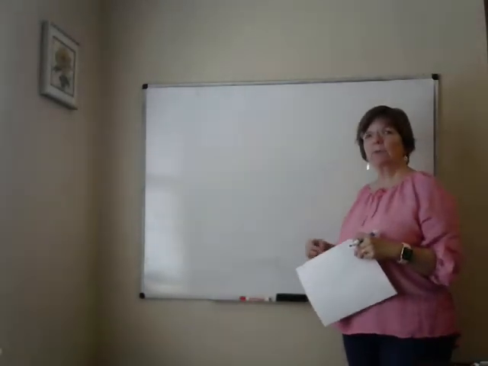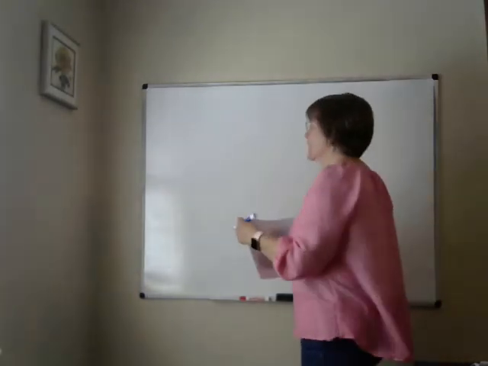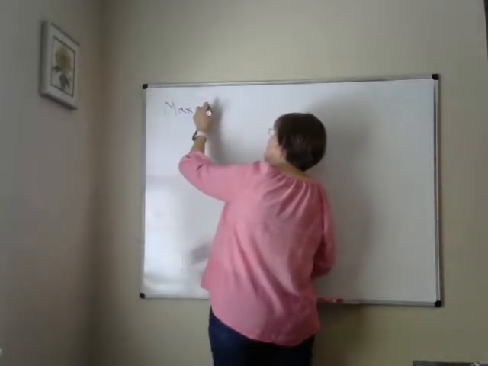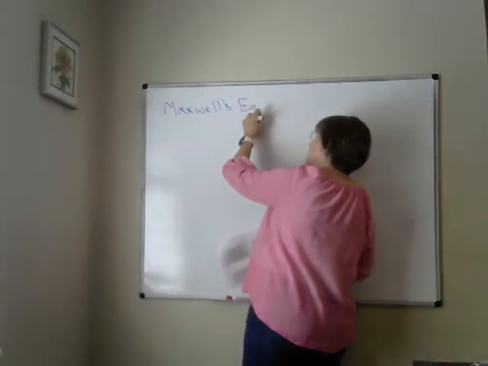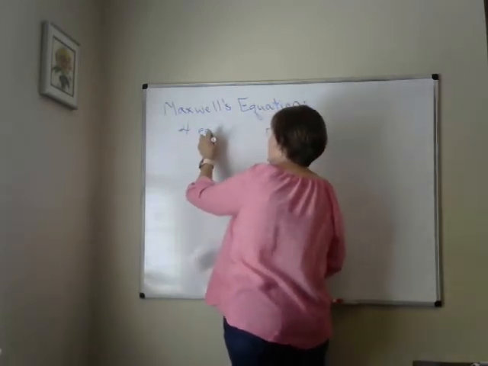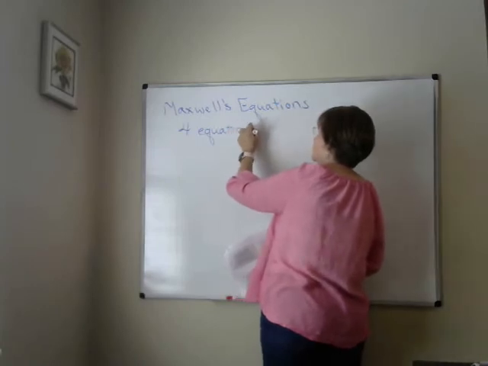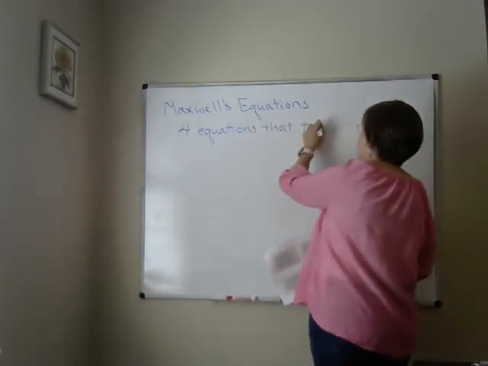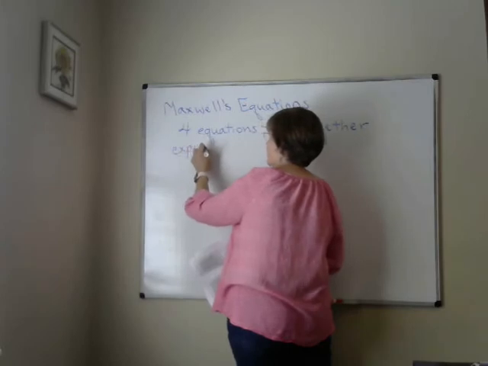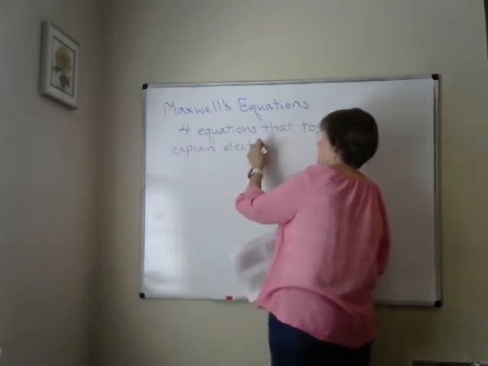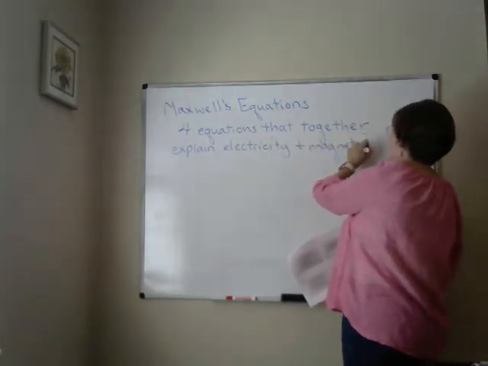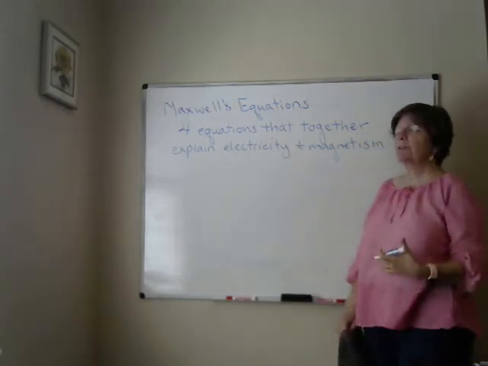He came up with Maxwell's 4 laws, or 4 equations, that describe all the characteristics of electricity and magnetism. This was a major, big deal breakthrough.